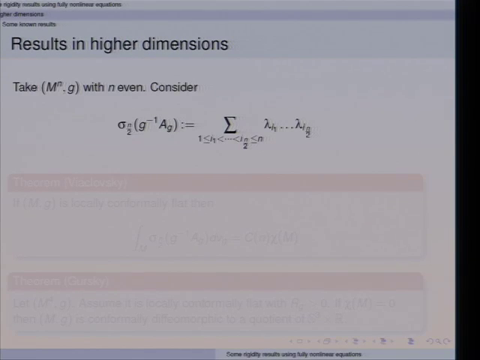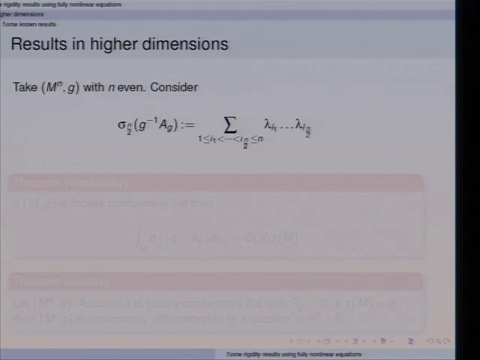So this was for 3D. So now consider a higher dimensional manifold, dimension equal to n with n even. And you consider the sigma_{n/2}, which is exactly like sigma 2, but here you take eigenvalues going from 1 to n/2.